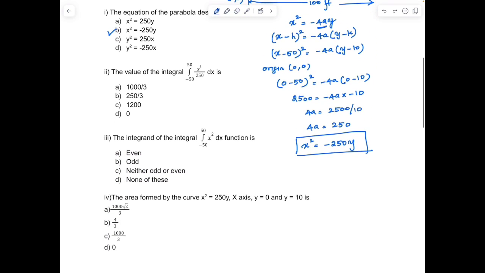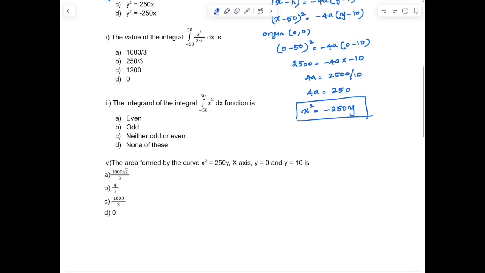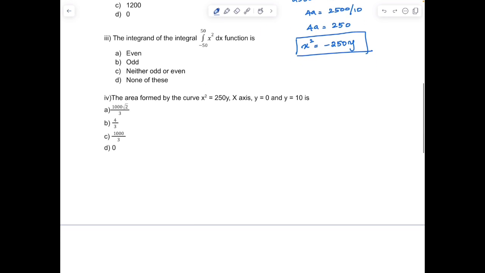Subdivision 2. The value of the integral from minus 50 to 50 of x square by 250 dx is: since 250 is a constant, let's take it out.